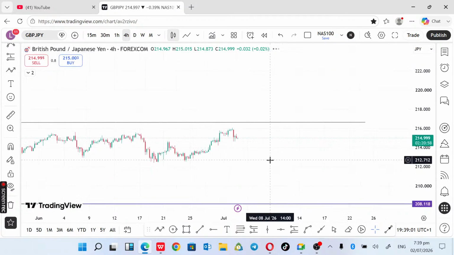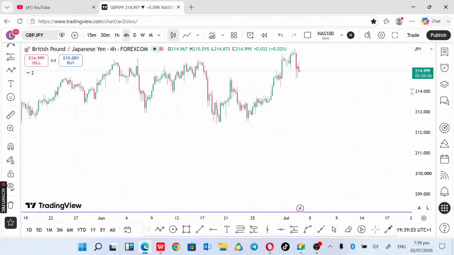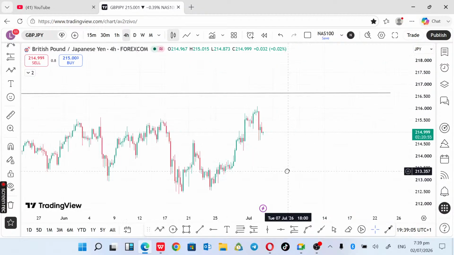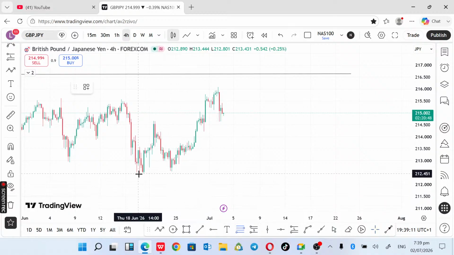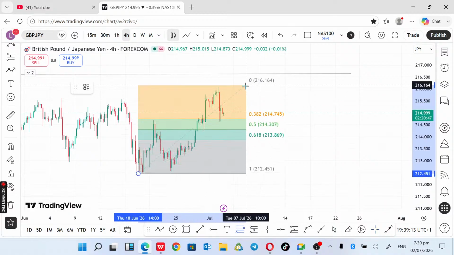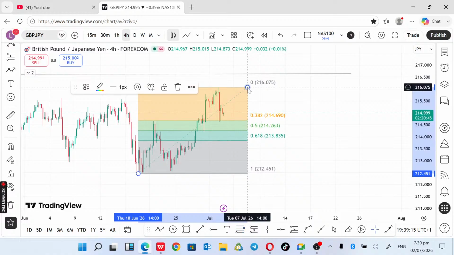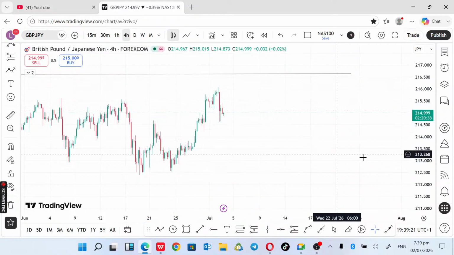So let's check 4 hours. Now this is us on 4 hours. Let's mark out our range, start from the low to the high. So from anything around here, I could look for my entry. I'm not really seeing any entry here, so let me get to 1 hour.